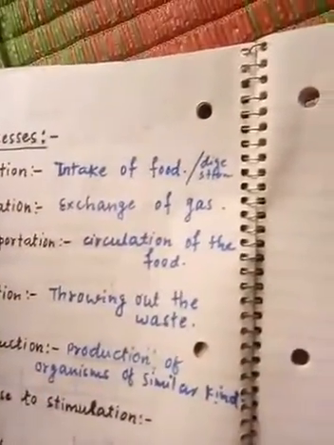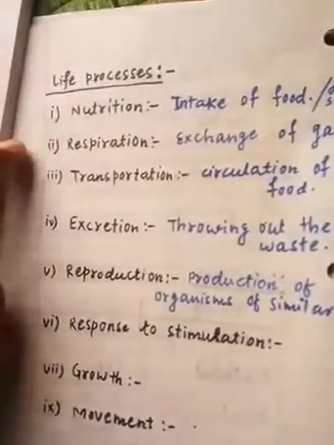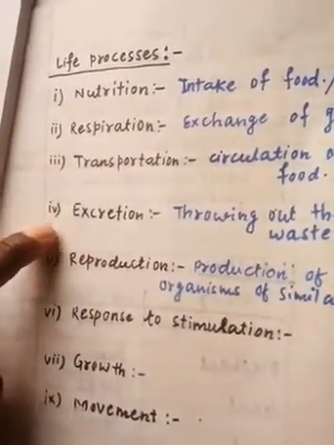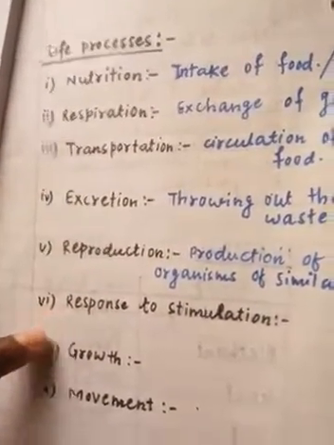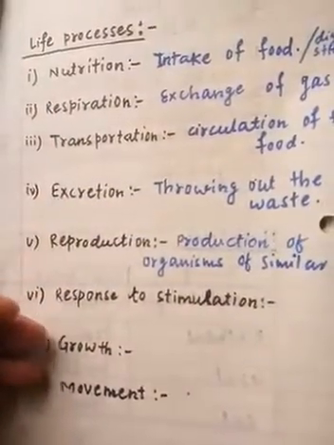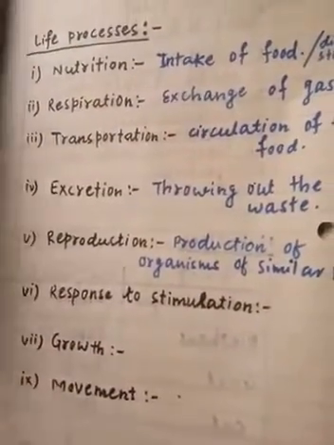We use those nutrients or food for performing our various life activities. These life activities, you can see, are respiration, transportation, excretion, reproduction, response to stimulation. All these activities need energy.